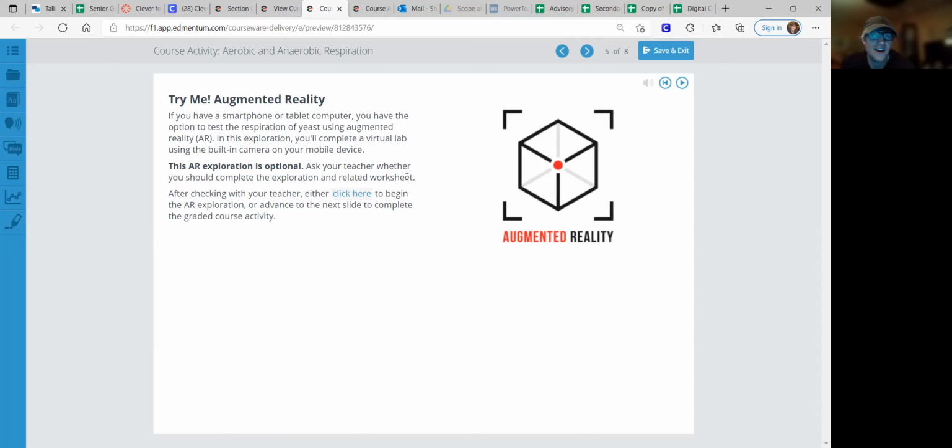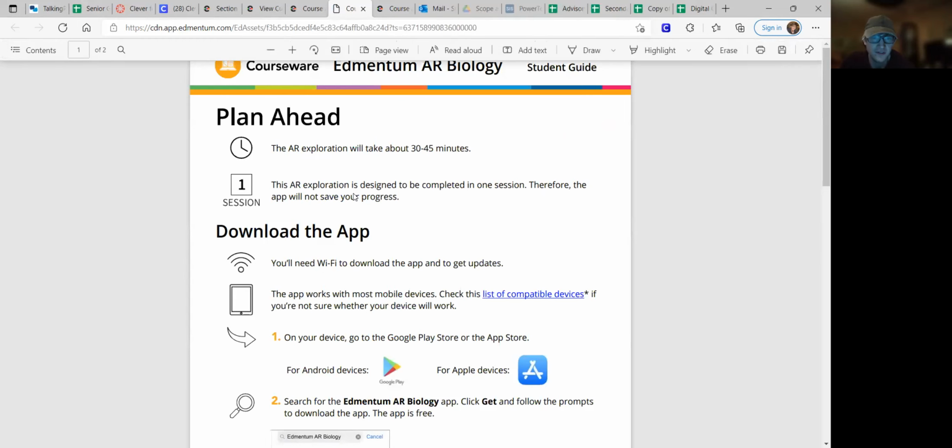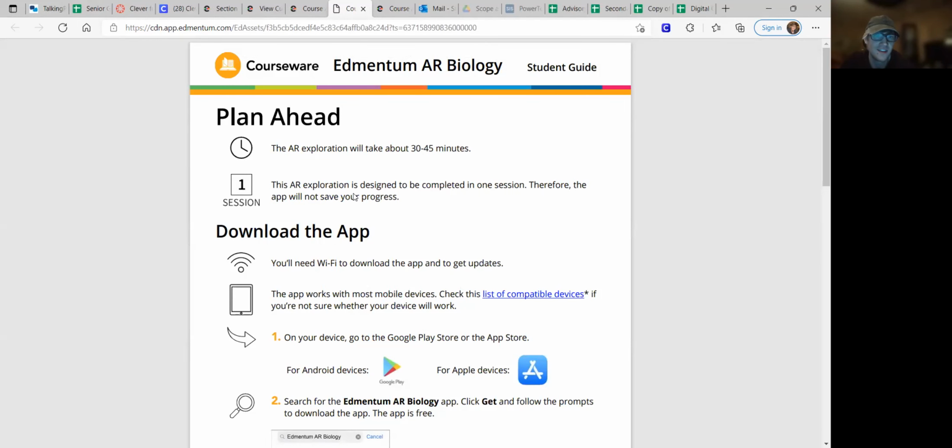I say try it out if you have a smartphone and you're wanting to do this exploratory activity. And I'll show you what to do. But this is an optional assignment, and you can download the app.